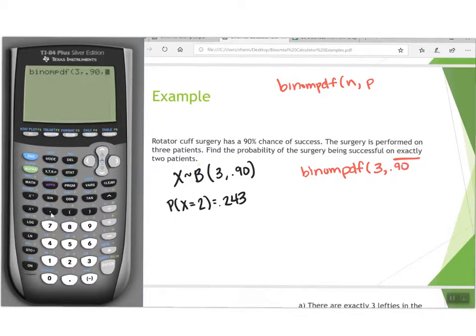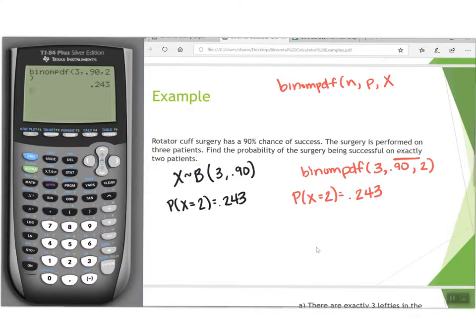Put another comma. And the last thing they want is X, the number of successes. So we want exactly 2 successes. And again, the word exactly means use a PDF. Press a 2 and close the parentheses. And if you press enter, your calculator calculated 0.243 for you, which is what we got by hand a second ago. So our calculator is going to move through this a lot quicker than we can.